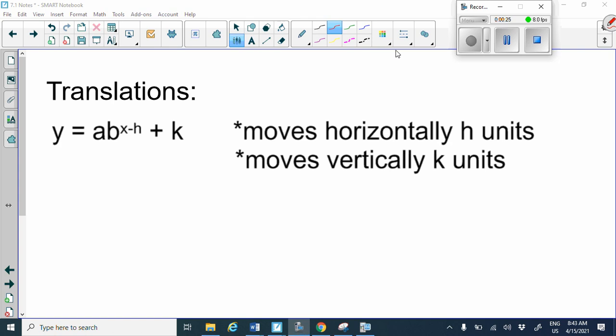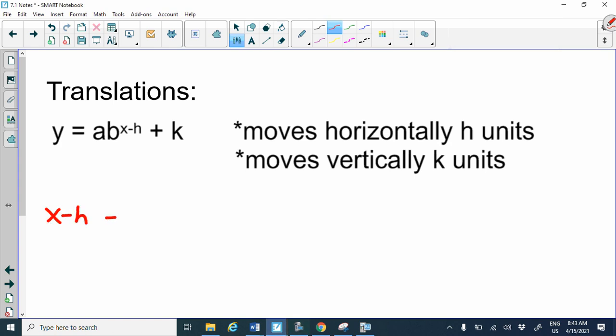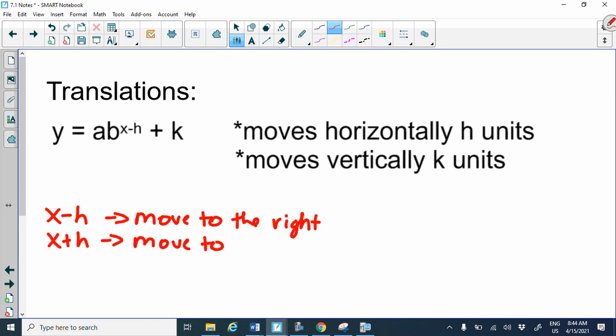Now let's talk about this. If we have x minus h, remember that means we're going to move to the right. And x plus h means we move to the left. So remember, this is when we talked about you do the opposite of what you see.